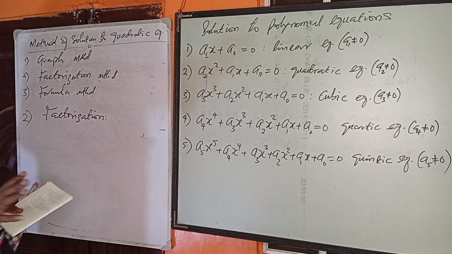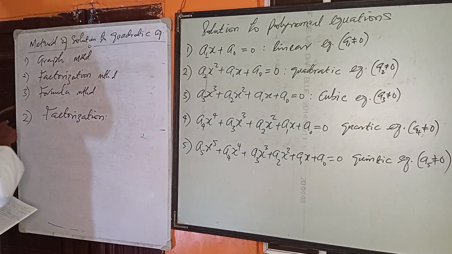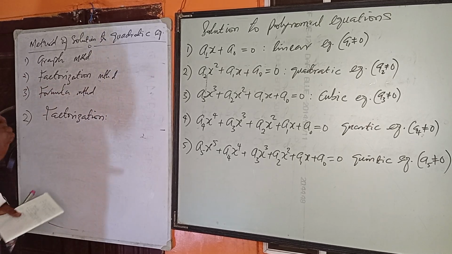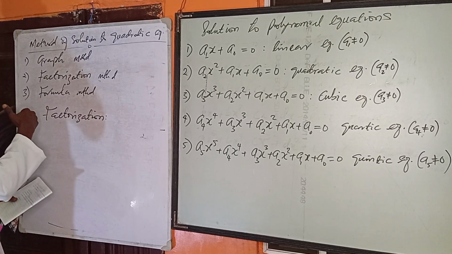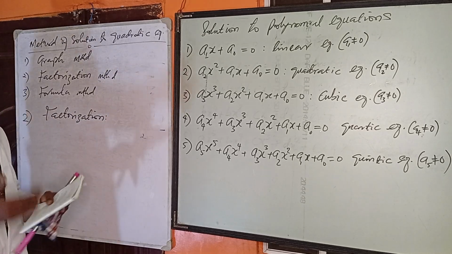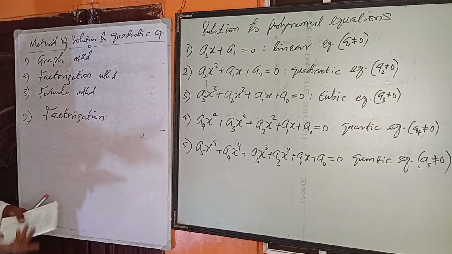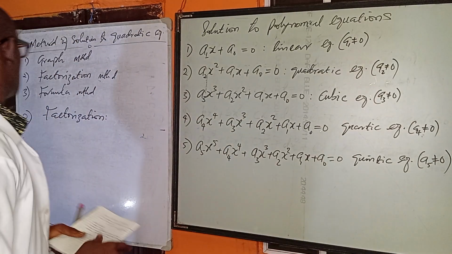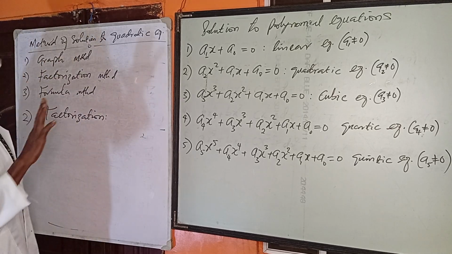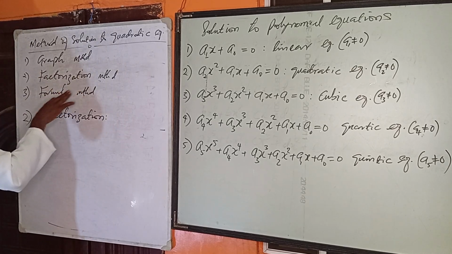Permit me to say that apart from the graph method, you have just the factorization method and the formula method. Most times we can refer to techniques used in deriving this formula method as a method itself. I don't have a problem with that. But for me personally, we have basically 3 methods of solving quadratic equation: the graph method, the factorization method, and the formula method.